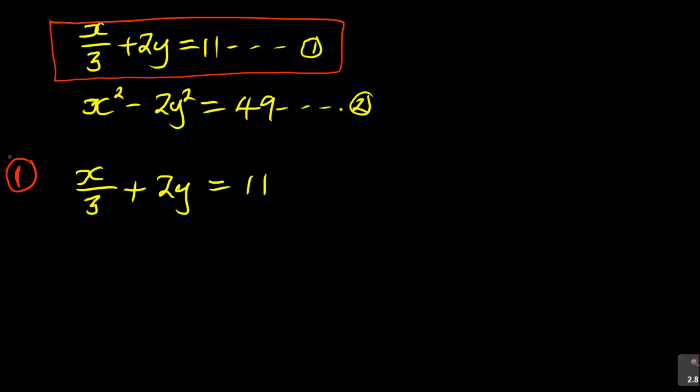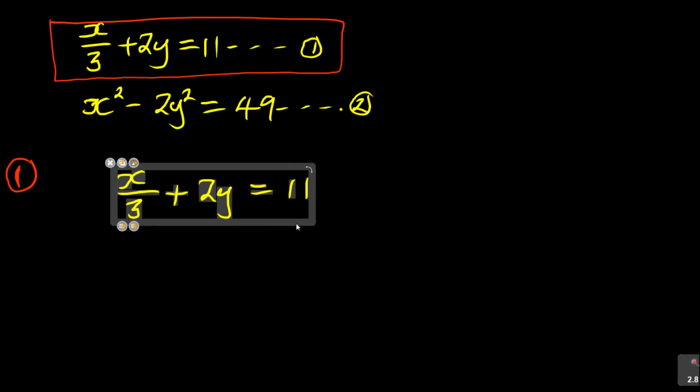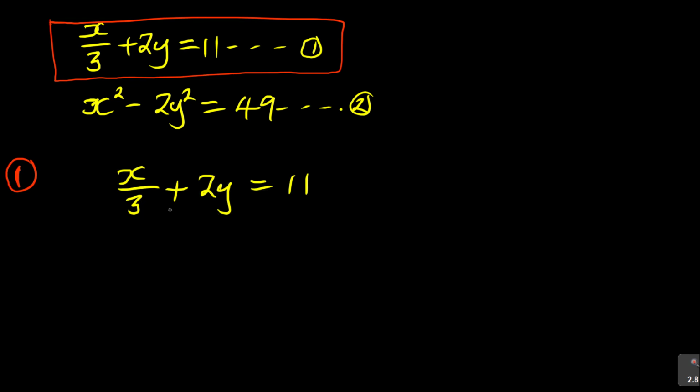How do I simplify equation 1 with that fraction? This is what you do. Let's say I'm interested in x. I multiply by 3 everywhere, since there is that 3.